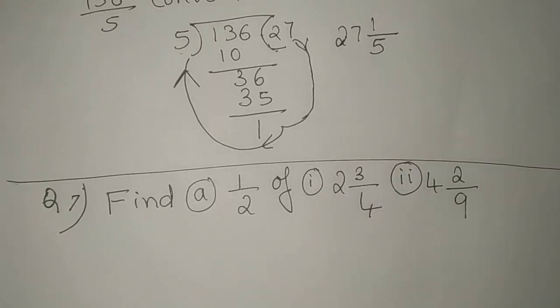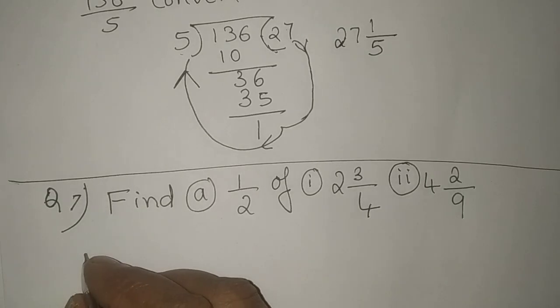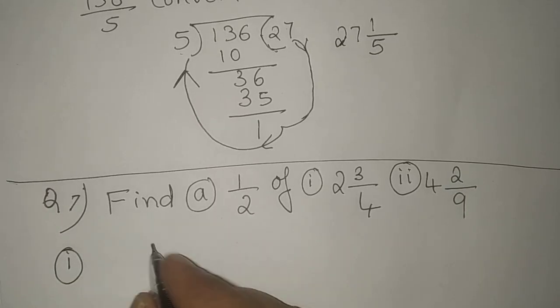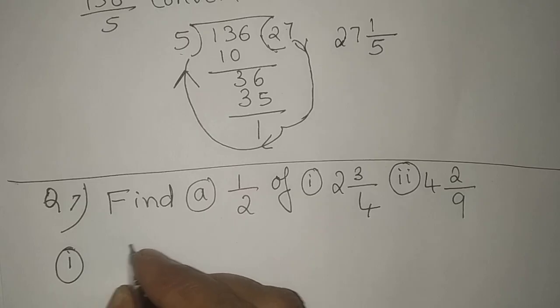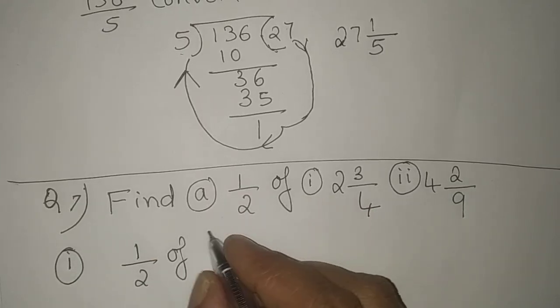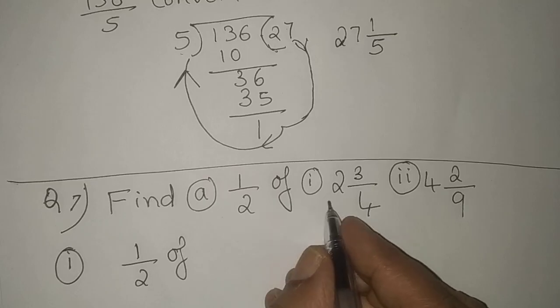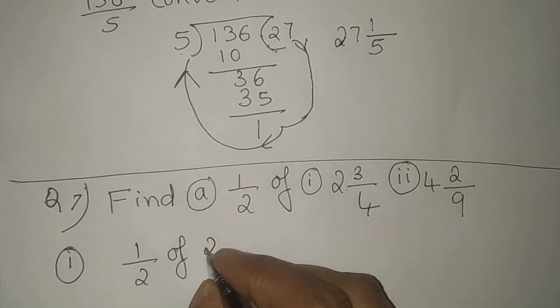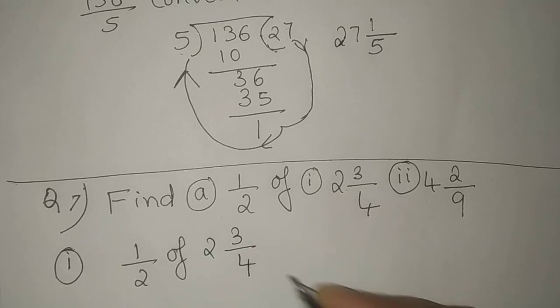There are two sub problems in the first problem. So we'll start with question A. We take the first one. This is a find of, take this one, 2 3 by 4.